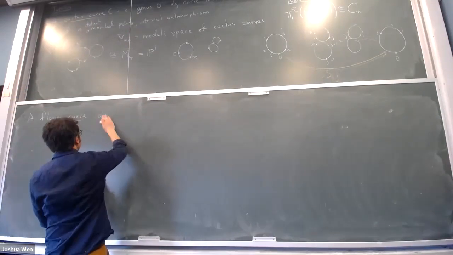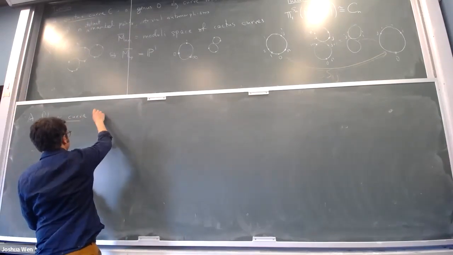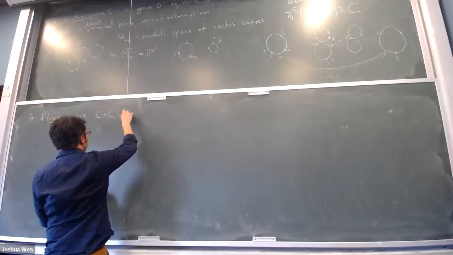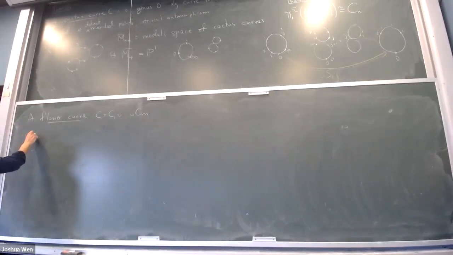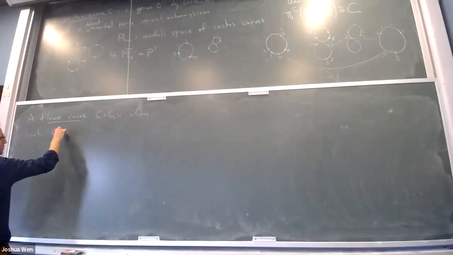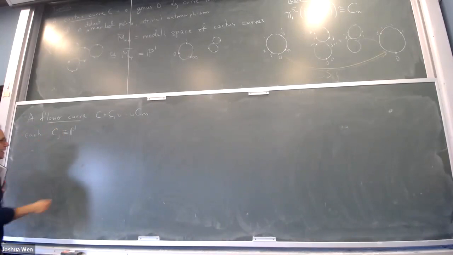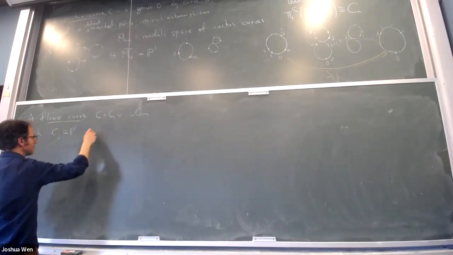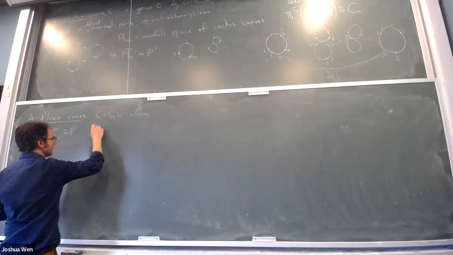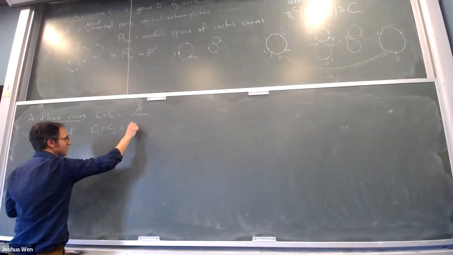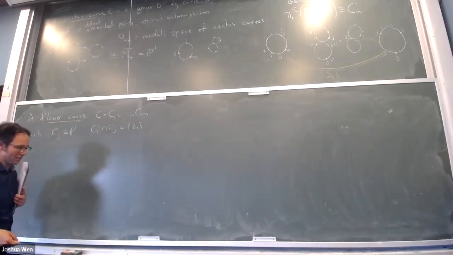So it's a curve C, and it has some components C1 to Cm, and each Cj is isomorphic to P1, and all these curves meet in one single point. So every Ci and Cj intersect at some particular point, which is the common point of intersection of every one of these.